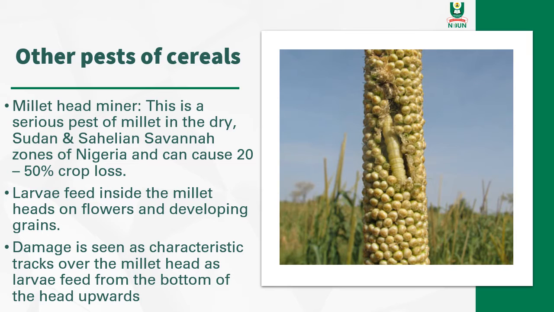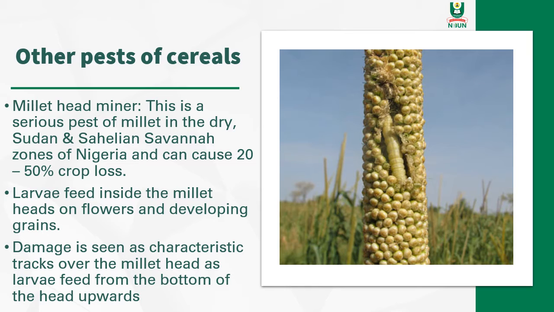And what this pest does is that the larvae is usually destructive, and they feed inside the millet head. Like you can see in this picture here, look at this larvae right inside the millet head. So that's where they feed. They feed on the heads of the flowers and the developing grain. So at the end of the day, you may not even get any grain on the millet plant.